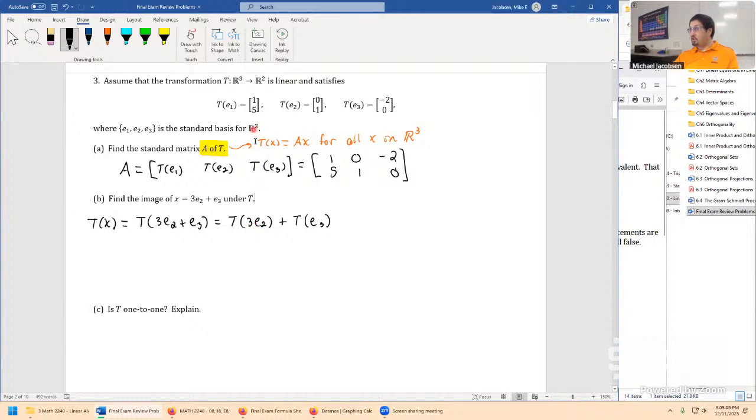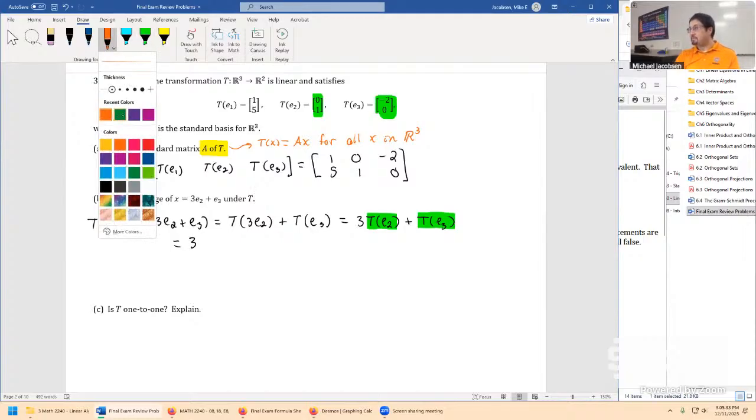You can do this in the codomain R2 by rewriting the scalar multiplication as 3 times T of e2 plus T of e3. That takes us just about where we want to go, because we know the output for T of e2, it's this vector. Likewise, T of e3 is this vector.